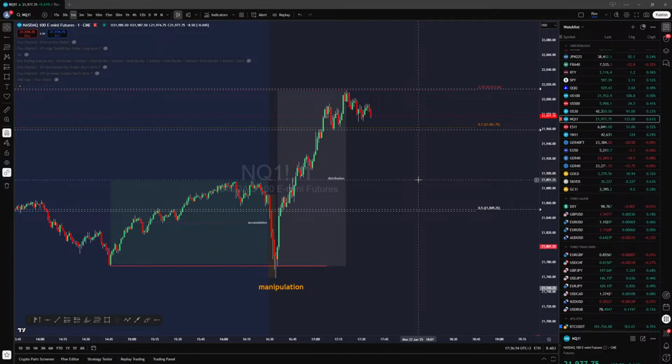How to trade this setup? This setup usually appears when you have session sweeps, so when we're going from the London session to the New York session, and we have some kind of news ahead. We have a new day opening.